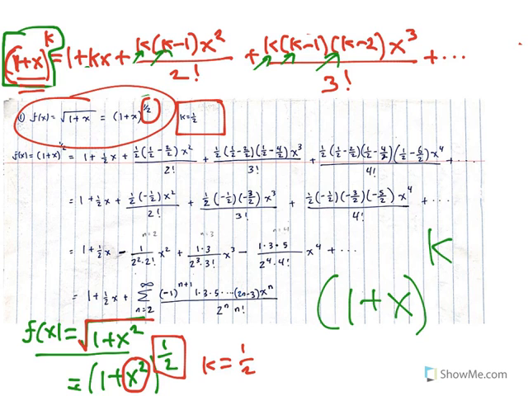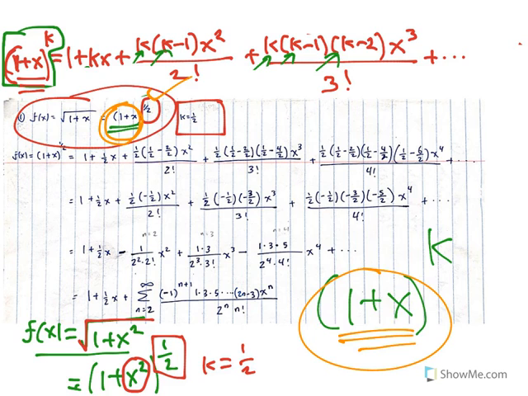So yesterday we had exactly the same base as the function from which the binomial series was derived. We had 1 plus x, and k was 1/2. So all we had to do was, because the base was exactly the same as the base of the function from which the binomial series was derived, take the k value of 1/2 and substitute for k wherever we saw k in the binomial series.